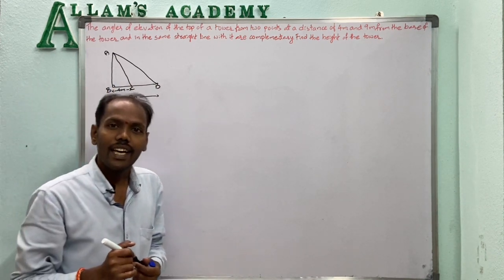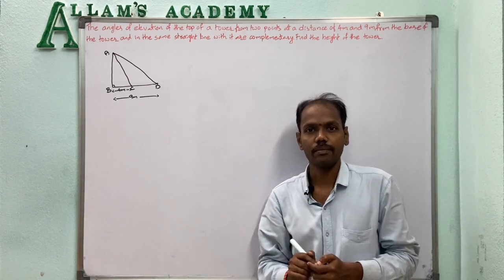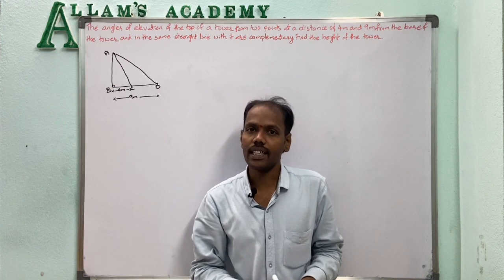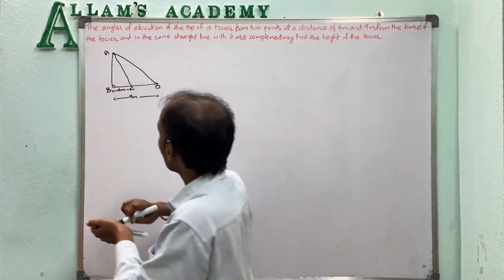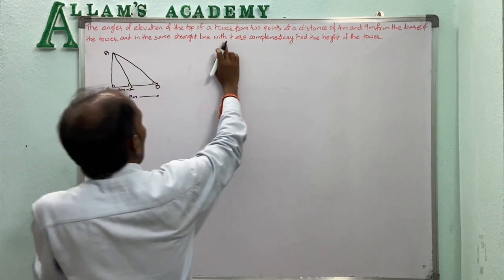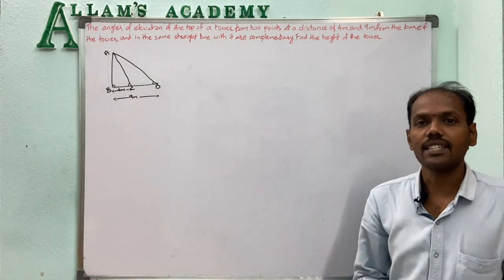So in a triangle, sum of the angles is 90. Here the two angles, angle C and angle D, are given as complementary.